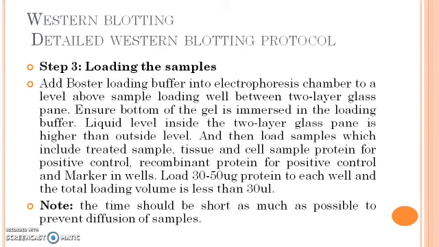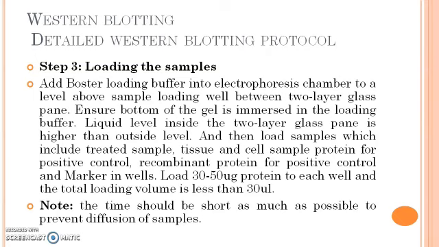Step 3. Loading the samples. Add Booster loading buffer into the electrophoresis chamber to a level above the sample loading wells between the 2-layer glass pane. Ensure the bottom of the gel is immersed in the loading buffer. The liquid level inside the 2-layer glass pane is higher than the outside level.